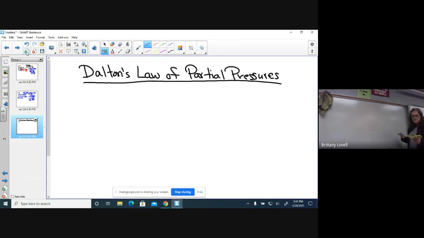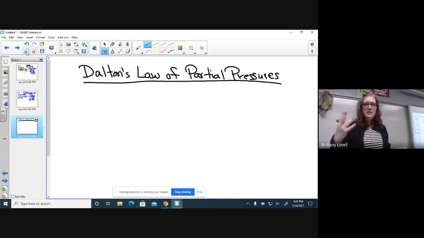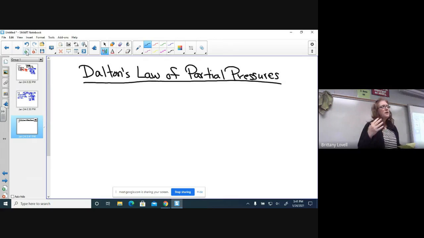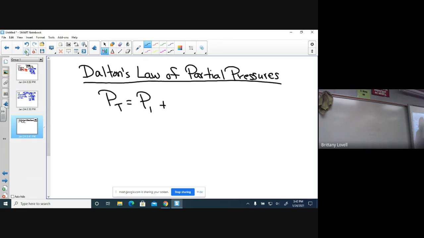This law basically states that the sum total of pressures in a system come from all of the gases in that system. It's just an accumulation of all the pressures exerted by all the gases in the system. So it looks like this. If you're wanting to find the total pressure of a system, all you've got to do is add together all the pressures of all the gases in the system.